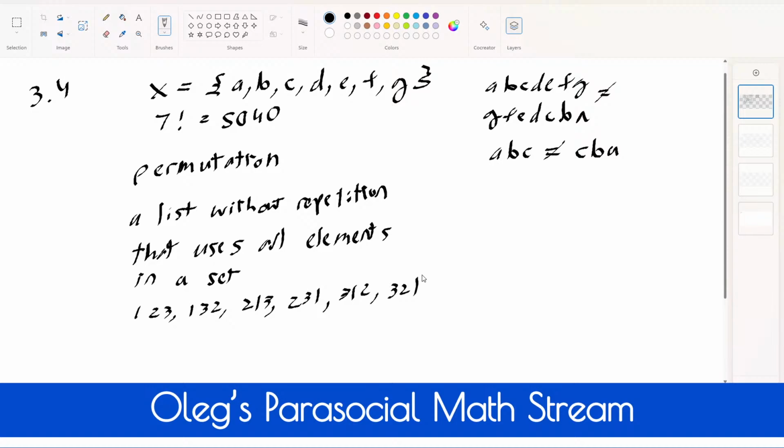Okay, yeah. And then we can get the number, which is, let's see, this is 3 factorial. So there are 6 ways to do it. There we go.